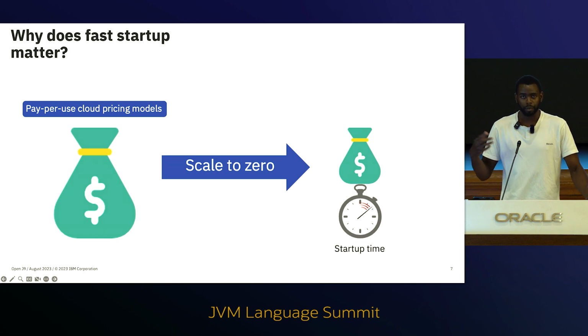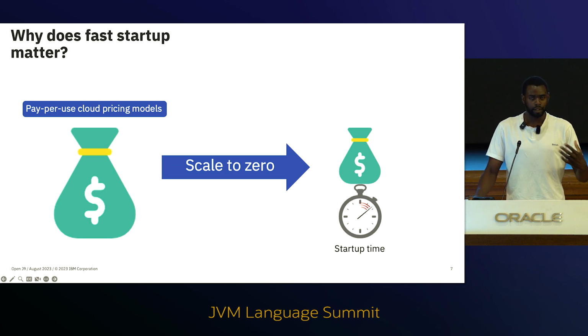And so every time you spin up new instances, you start up the JVM, etc. So you can see how the JVM startup time is a part of the latency cost. And this is why JVM startup is very important. And minimizing startup time can greatly improve your experience in the cloud.